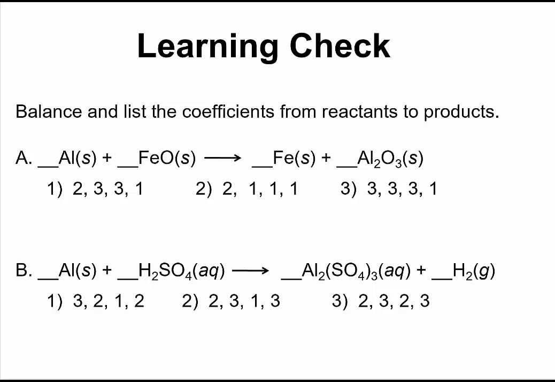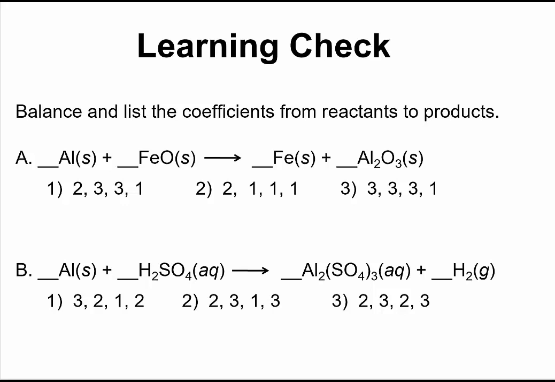On question A, we have aluminum solid reacted with iron 2 oxide to give iron solid and aluminum oxide. The very first trick I will teach you about balancing a chemical equation is to always balance isolated elements last.